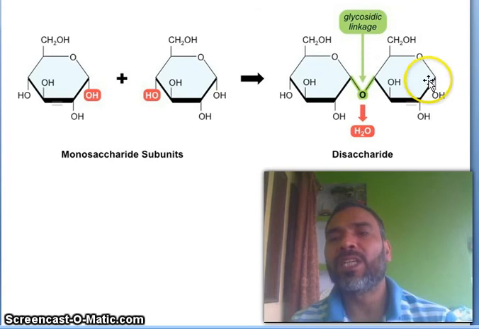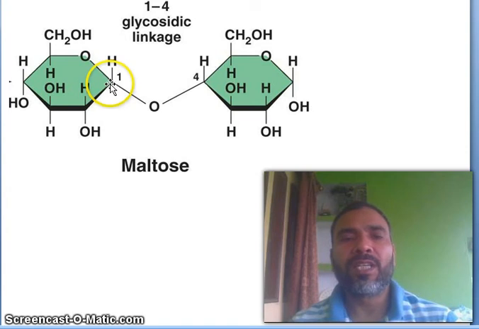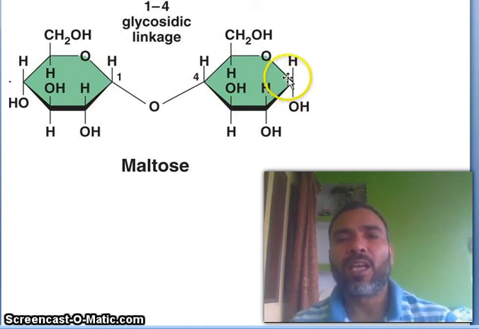And this is hemi-acetal, because the carbon contains OR, meaning O with R, and OH. So this is the structure of maltose you see here.